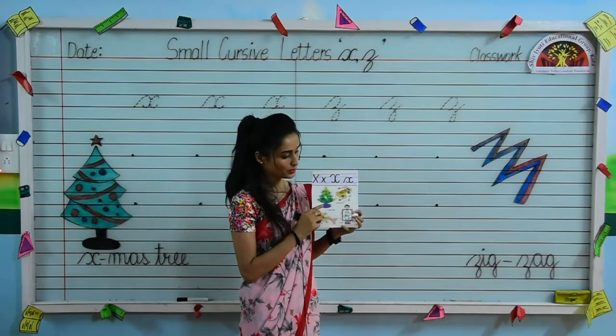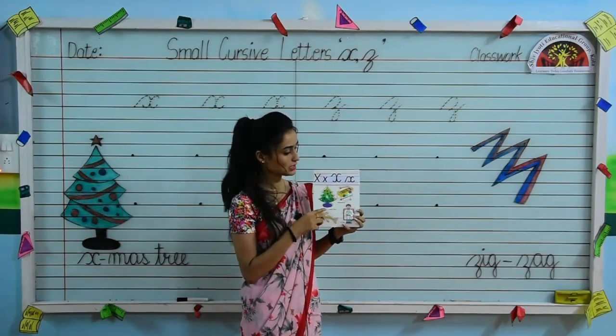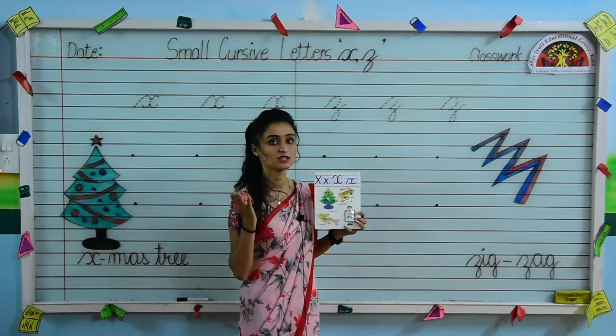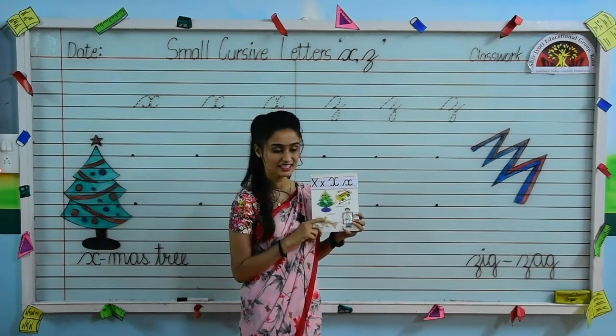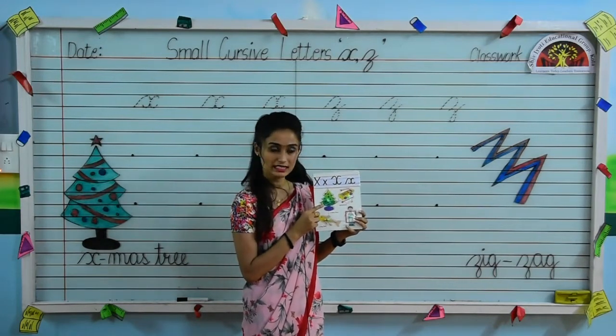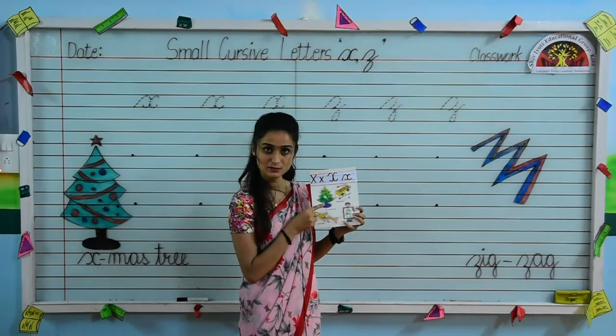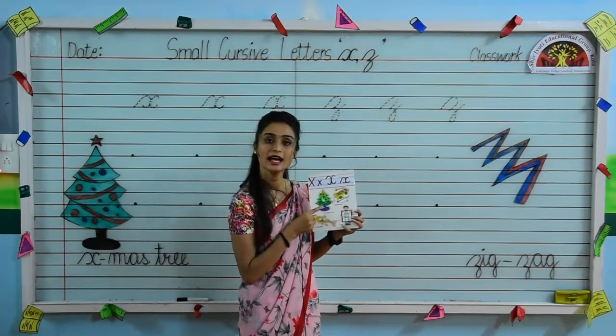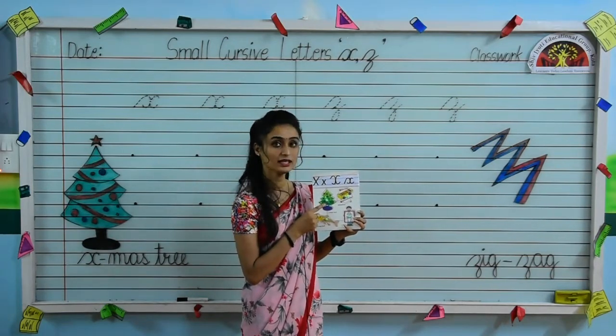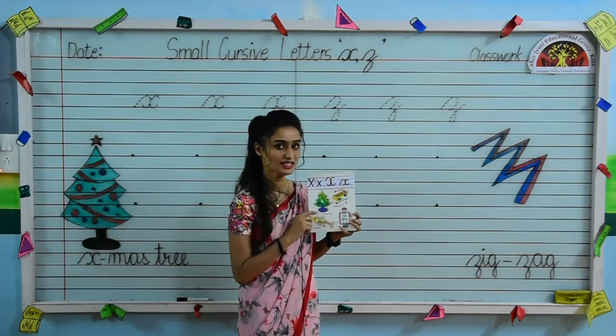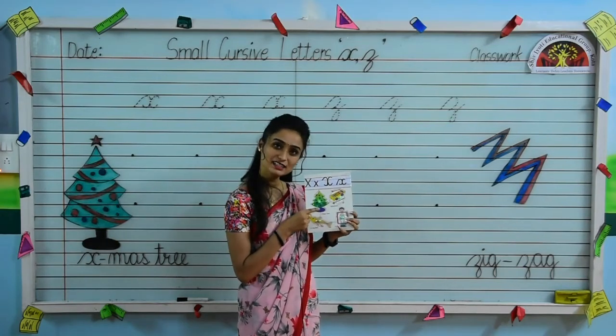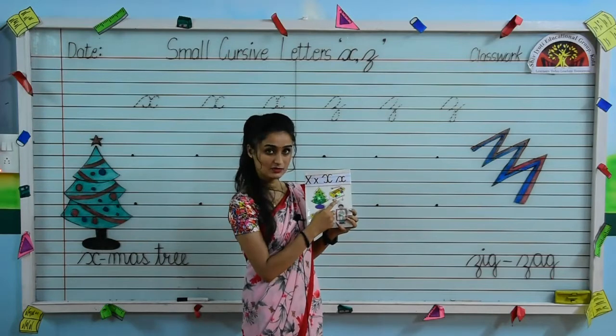So kids, as you can see, there are some pictures given below these formations. So let's see what all pictures are these. The first one is X for Xmas tree. We decorate this tree on Christmas. Come on the next one.